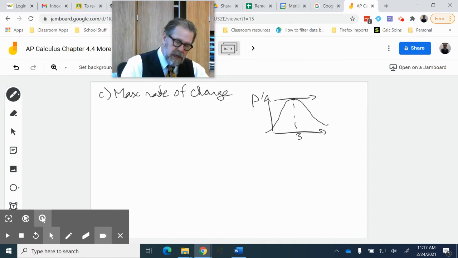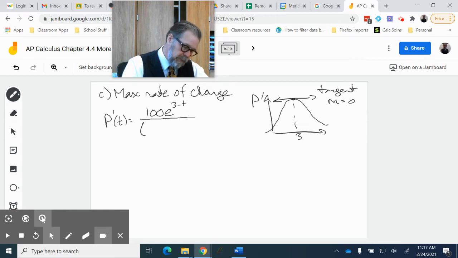Well, a maximum is going to be the place where there is a tangent line with a slope equal to 0. So really my official answer is that P prime of t equals 100 e to the 3 minus t over (1 plus e to the 3 minus t) squared.